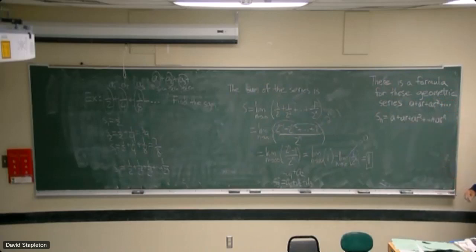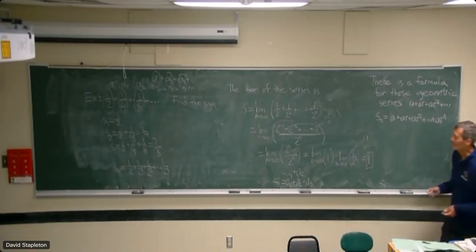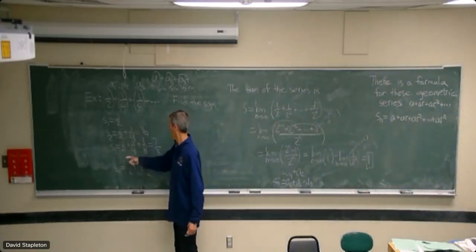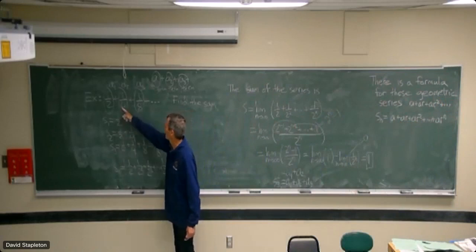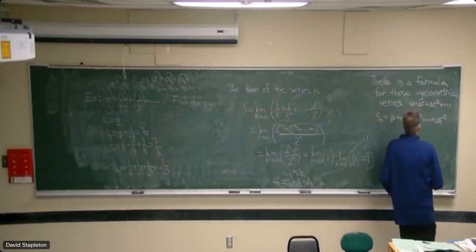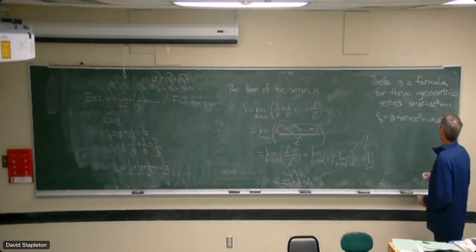You see this one's geometric, because you multiply by a half to get the next, by a half again, and again. So what's the formula for a general geometric series?